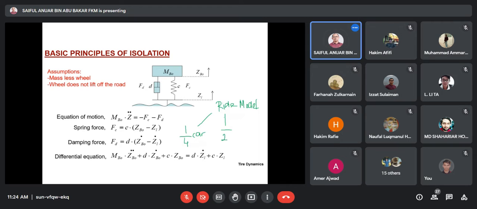Then we have the half car model. Then we have the full car model. The one you know is actually the quarter car model. Okay, now I'm going to start the derivation for the quarter car model.